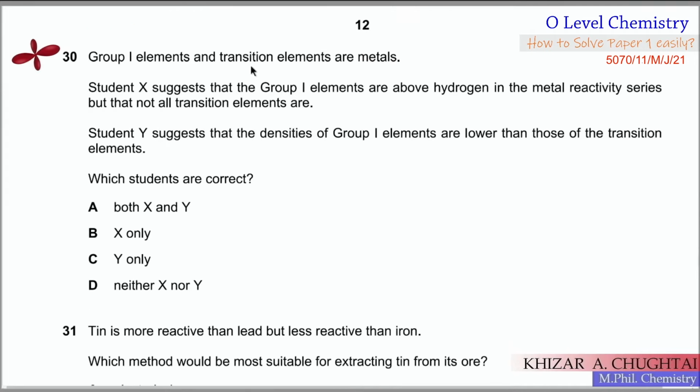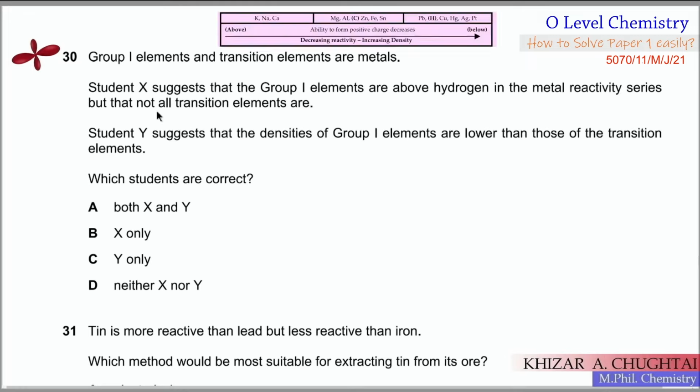Group 1 elements and transition elements are metals. Student X suggests that group 1 elements are above hydrogen in the metal reactivity series, but not all the transition metals are.